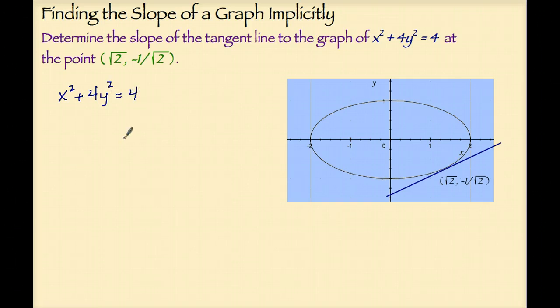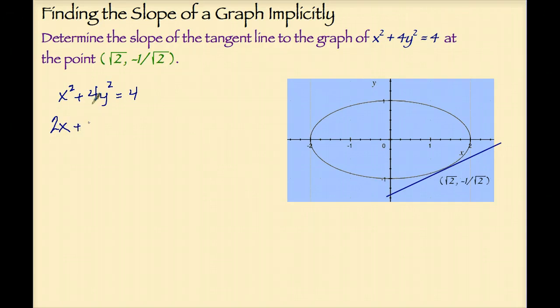Remember, with implicit differentiation, you go through the equation taking the derivative of each term with respect to x. The derivative of x squared is 2x, and since I've taken the derivative of an x term with respect to x, the differential I would attach would be dx/dx. However, I'm going to leave that out since it will not figure in the final function.